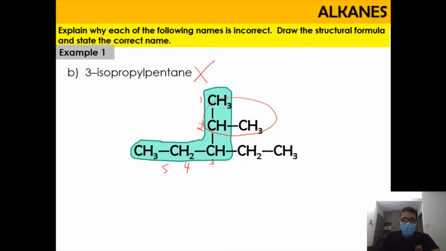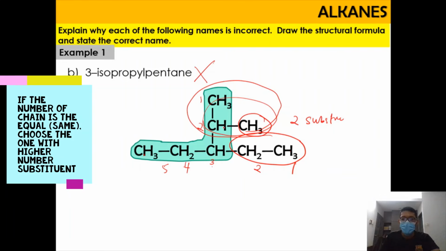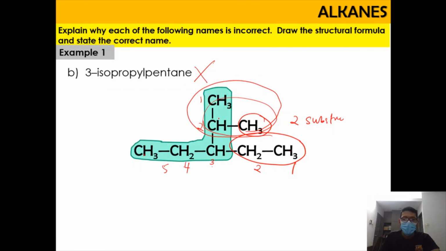And then you have to follow the numbering this way because it will give you more substituents, 2 substituents. If you follow 1, 2, 3, 4, 5, you only get 1 substituent. Okay, that is why you follow the blue color here. So based on the blue circle here, it's going to give you 2 substituents.